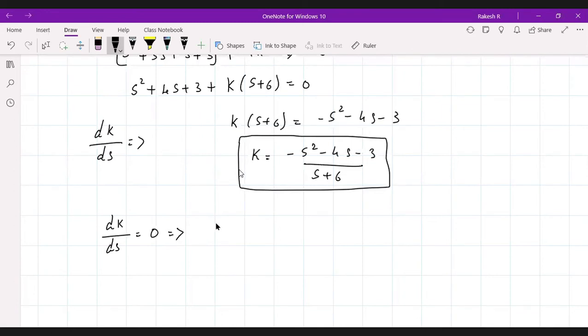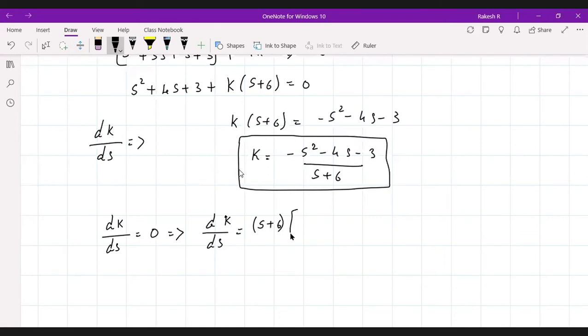Right. So when I differentiate this in terms of dK divided by ds, what will I get? How can I differentiate this one? First, denominator into differentiation of numerator, minus numerator into differentiation of denominator, right, divided by denominator square. So the denominator here is s plus 6 into differentiation of numerator.